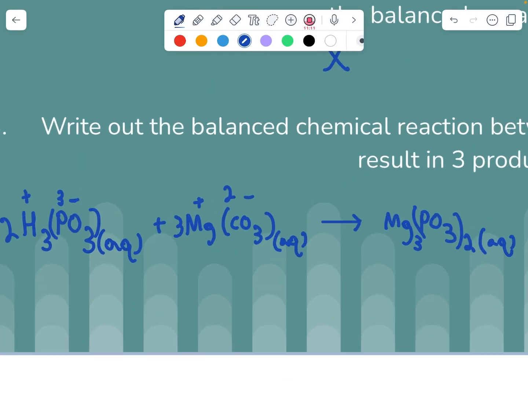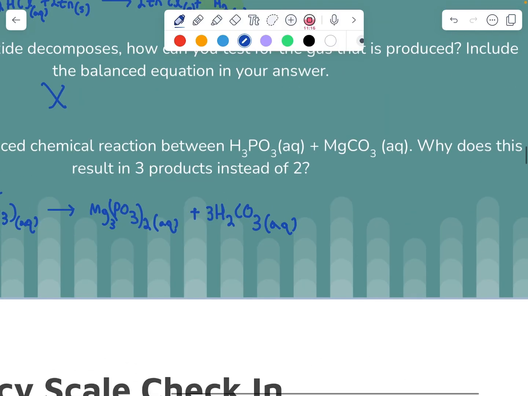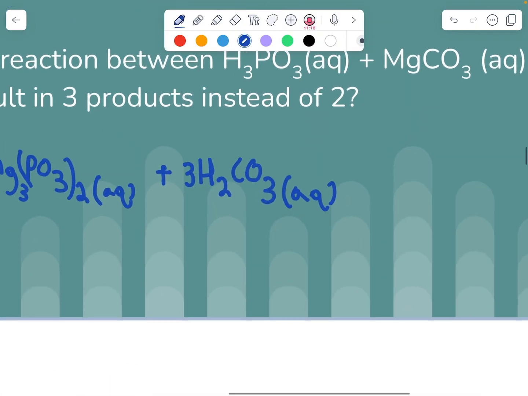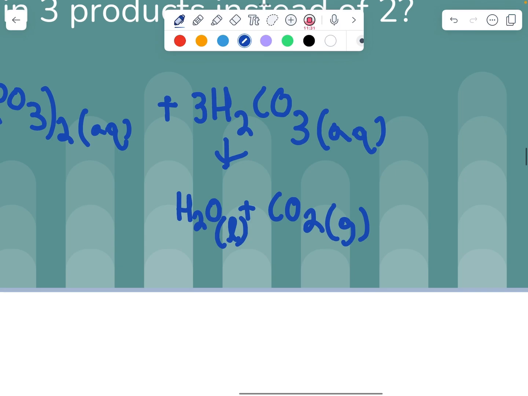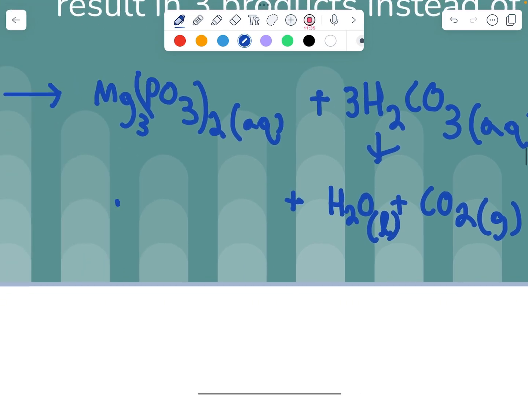And then, whoa, but wait, we just looked at this, the carbonic acid, so this is actually going to break down into H2O plus CO2, and this is going to be a gas, and remember, pure water is a liquid, not aqueous, because it doesn't have anything in it. And so then we're going to make sure that we're actually right with our coefficients.